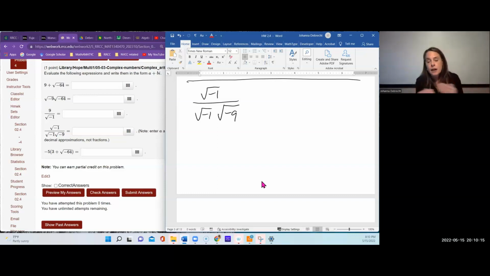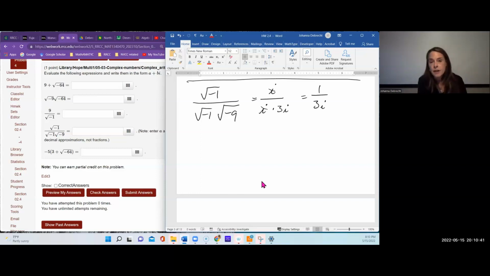Remember, the negatives cannot go through those symbols. You must have an I for each time you get a negative under a radical. This is going to give me I in the numerator, I in the denominator, and another 3I in the denominator. Now, I divided by I does cancel. It is 1. And this leaves me with 1 over 3I.